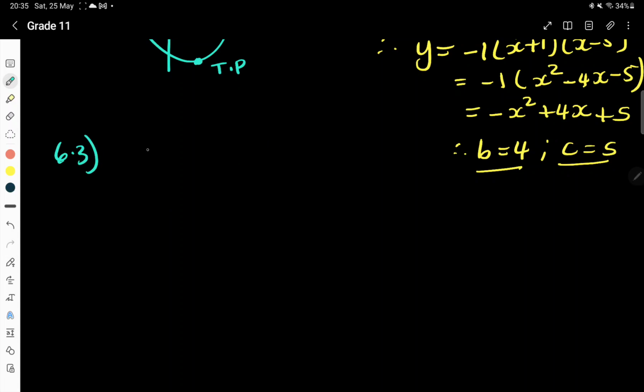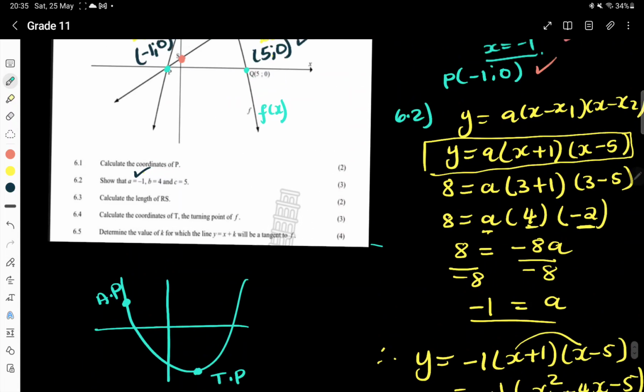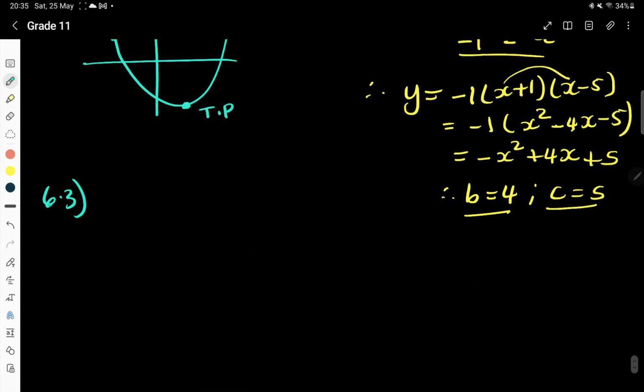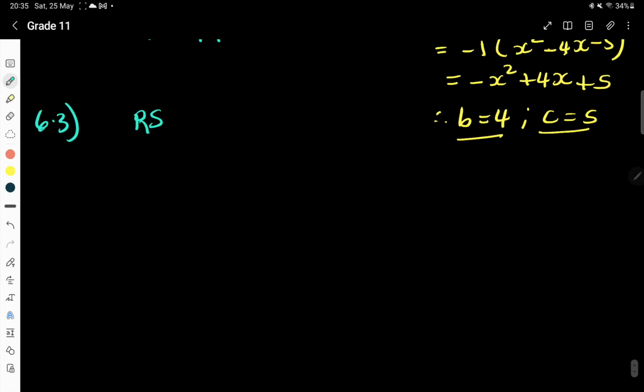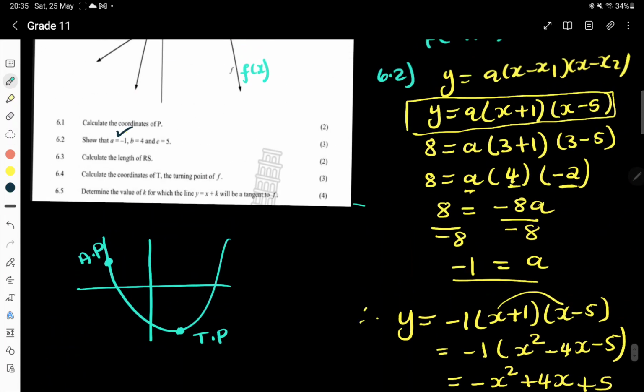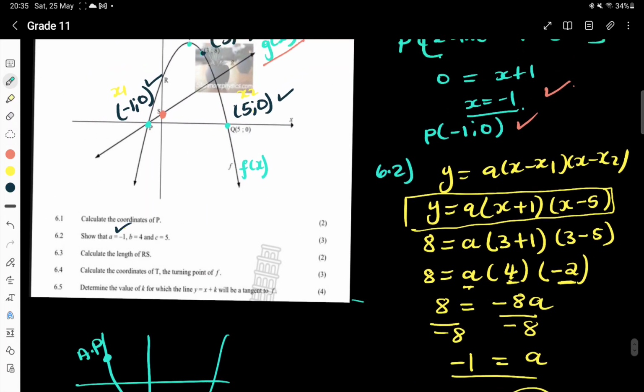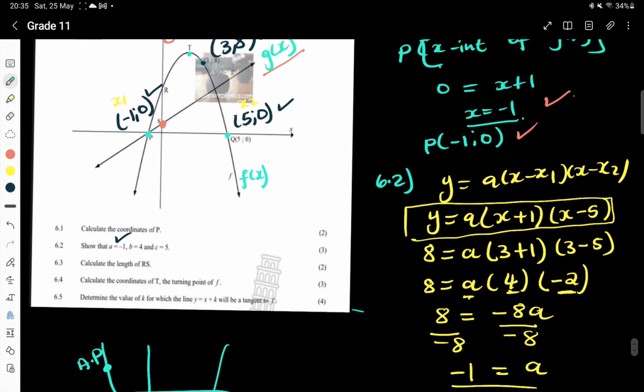The length of RS. So you need the coordinates of both R and S. They are both on the y-axis.